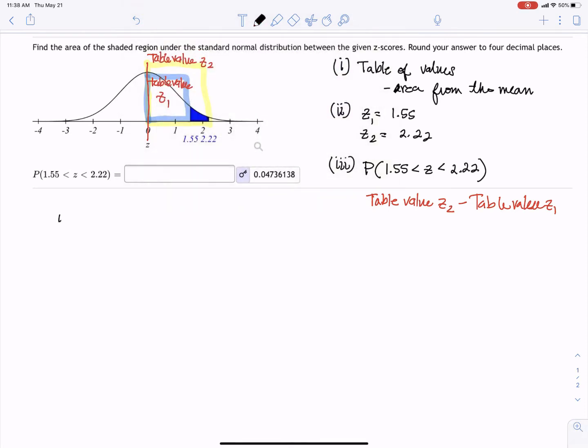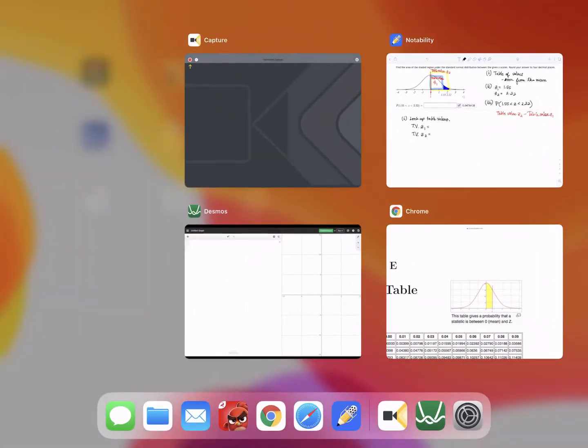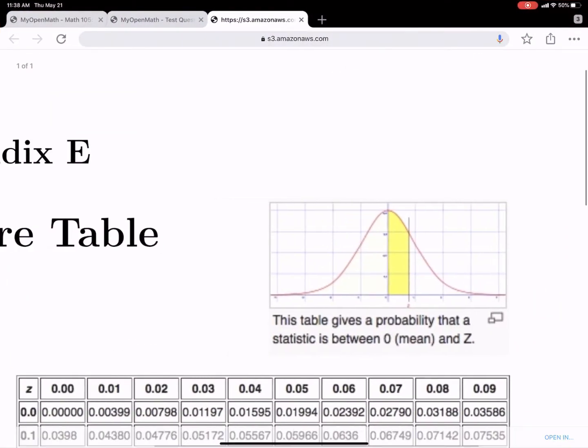Okay, let's go ahead and do that. So the first thing is we're going to go ahead and look up table values. And I'll look up table value for z sub 1 and then table value for z sub 2.